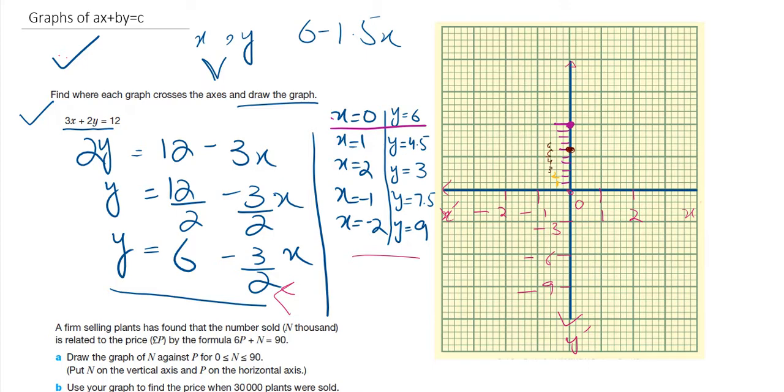That must be between these, over here. Okay, and when your x is 2, your y will be 3, over here. And when your x is negative 1, your y will be 7.5, over here.